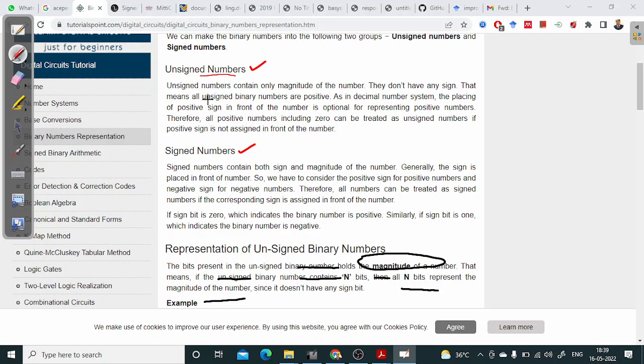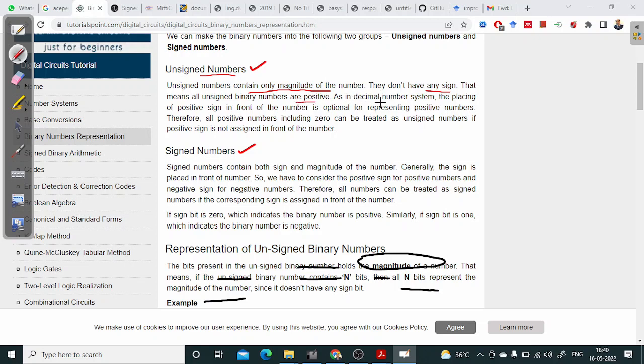Unsigned numbers contain only the magnitude of the number, they don't have any sign, so they always signify positive numbers. Negative numbers cannot be represented by unsigned numbers. So that means all unsigned binary numbers are positive.